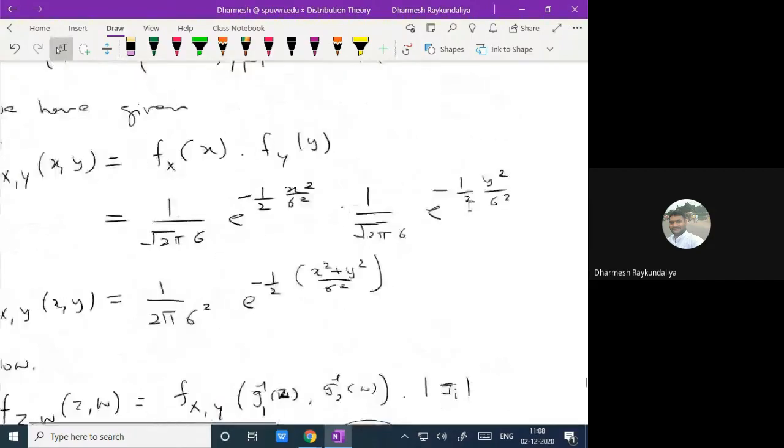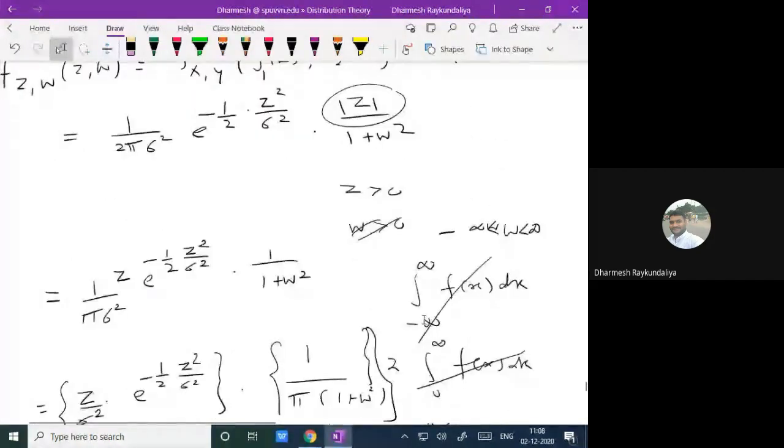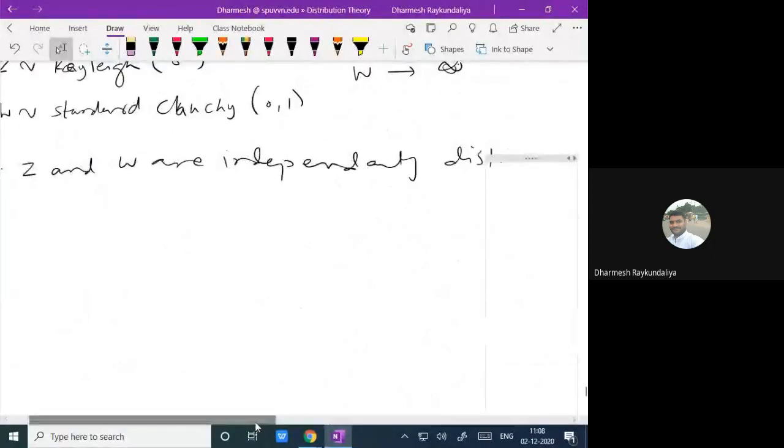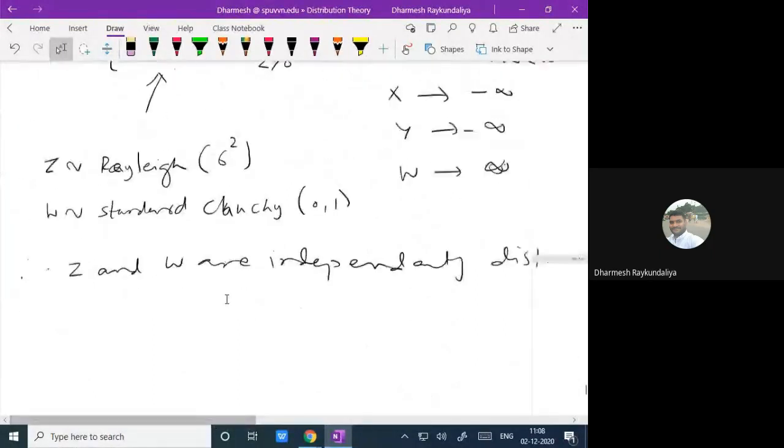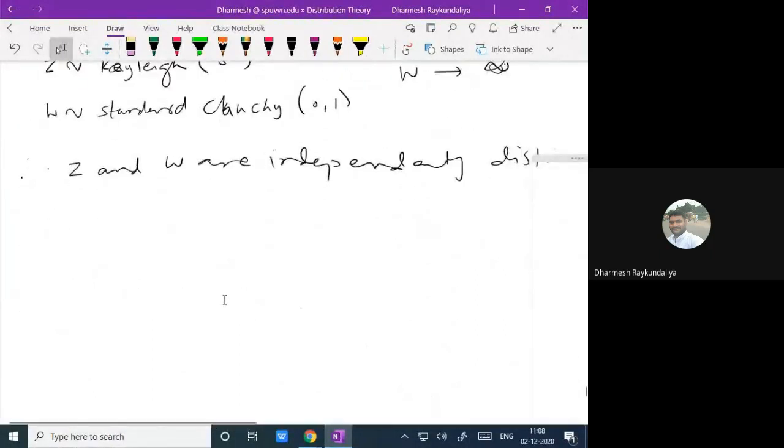Okay. So these results are very useful. Suppose you have an examination, and I don't know when the pen and paper examination will be there, but suppose an MCQ is asked, then I can ask such an MCQ: if the distribution of x and y are normal 0 sigma square and both x and y are independently distributed, then what is the distribution of z equal to root x square plus y square?